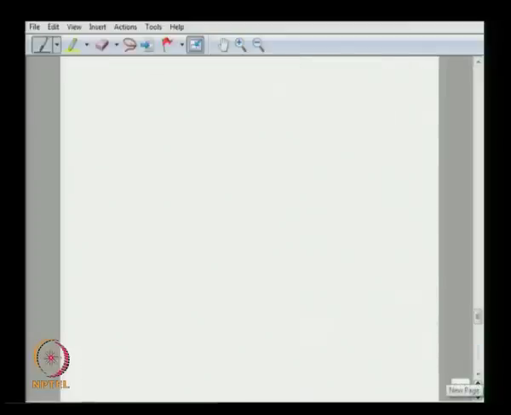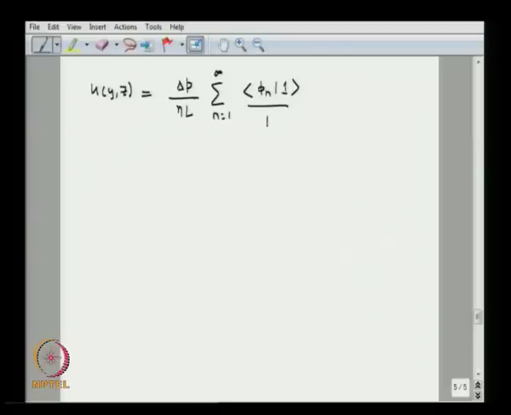We can write u(y, z) equal to delta p over eta L, summation n equal to 1 to infinity, bracket of phi n, 1 divided by k n square into the ket of phi n, right.